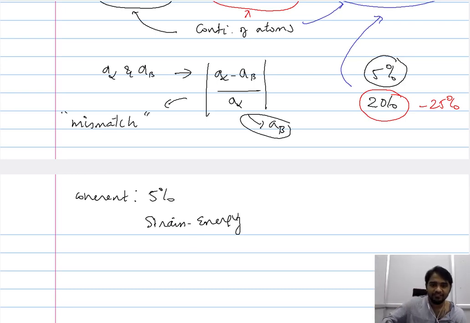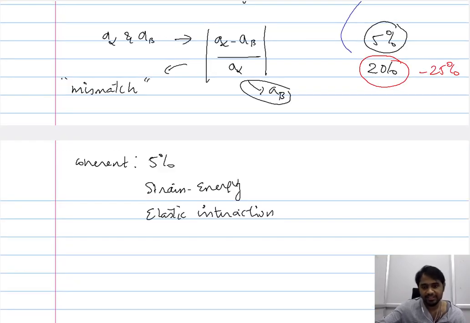So again, we have an elastic interaction, and similar to solid solution strengthening, here the elastic interaction between the strain energy introduced because of the mismatch and the strain energy associated with the dislocation has an influence of this particle on the movement of the dislocation.